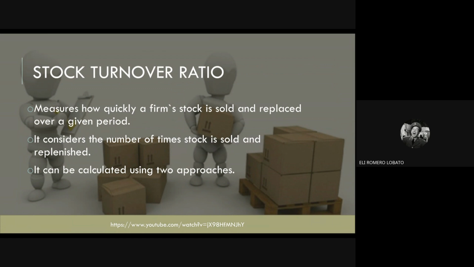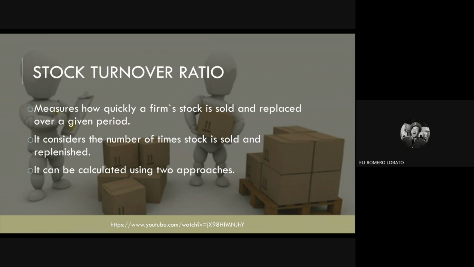So first, what is the main purpose about the use of stock turnover ratio? Remember that the stock is going to be the merchandise, maybe the raw materials that are going to be used during a process, okay?